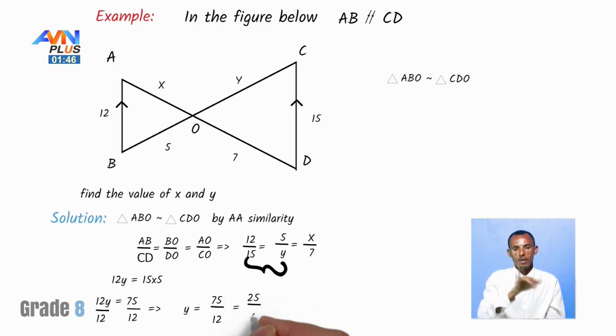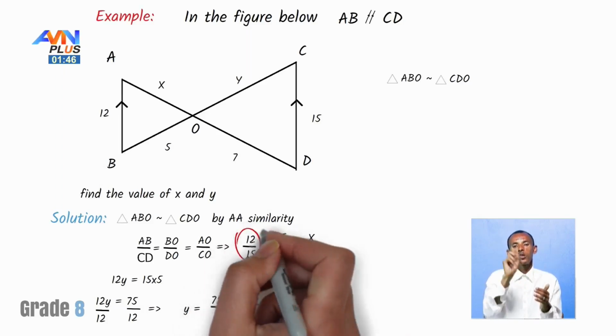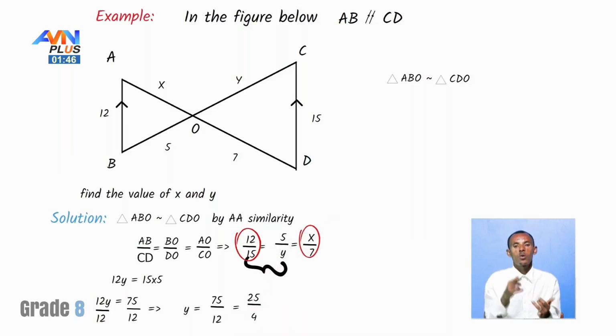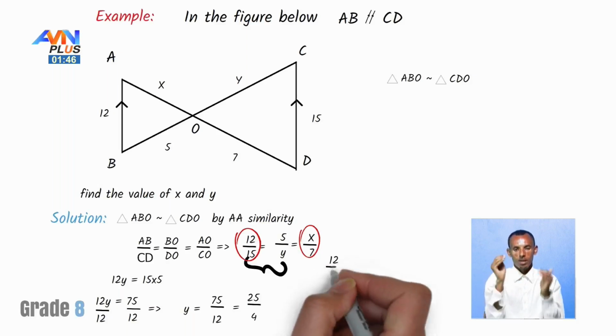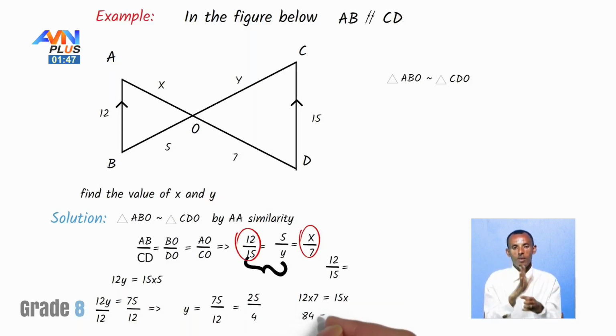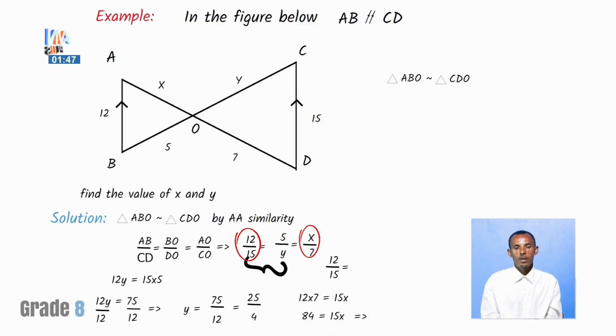Similarly, we can take these two proportions. Okay, that means 12 over 15 is equal to x over 7. Now you can crisscross it. Then it becomes 12 times 7 is equal to 15x. Okay, students, I need you to check the product of 12 and 7. I guess 12 times 7 is 84. You can make a correction if it's wrong, but 12 times 7 is 84. 84 is equal to 15x.